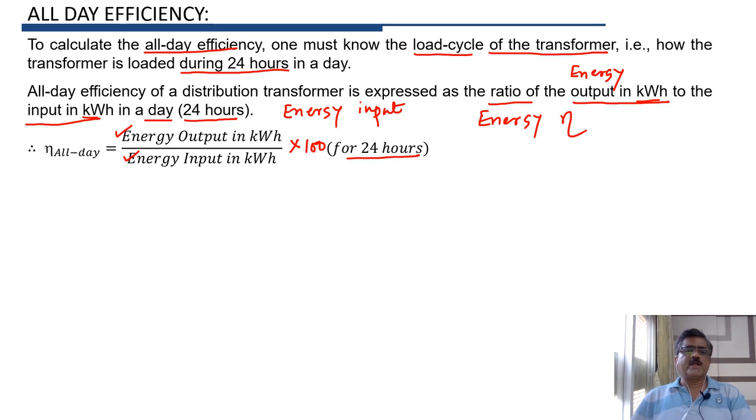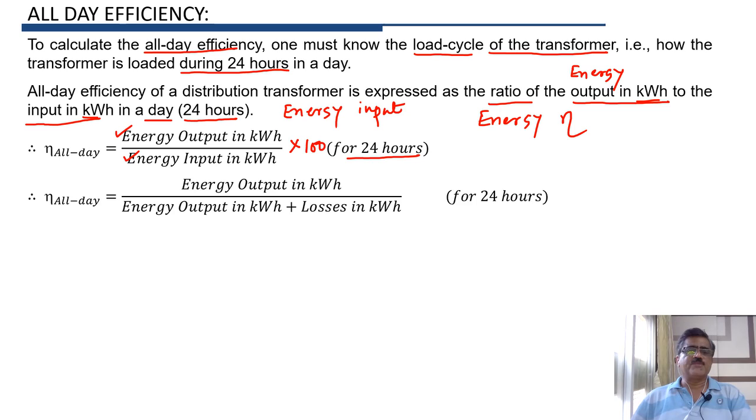Now, you know that input is equal to output plus losses, and therefore all day efficiency can be written as energy output in kWh divided by energy output in kWh plus losses in kWh, again for a period of 24 hours.